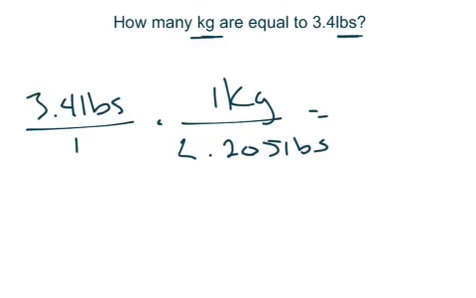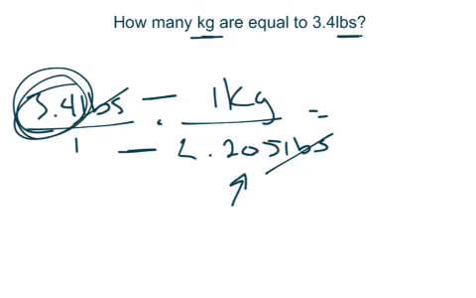Again, when we're multiplying the numerators and multiplying the denominators, we're going to have pounds over pounds, so that's going to cancel out. And basically all this is 3.4 divided by 2.205. Remember, the conversions are exact, so the 3.4, that's just two significant figures. So no matter what the calculator says, your answer should only have two numbers. And that's going to be 1.5 kilograms.